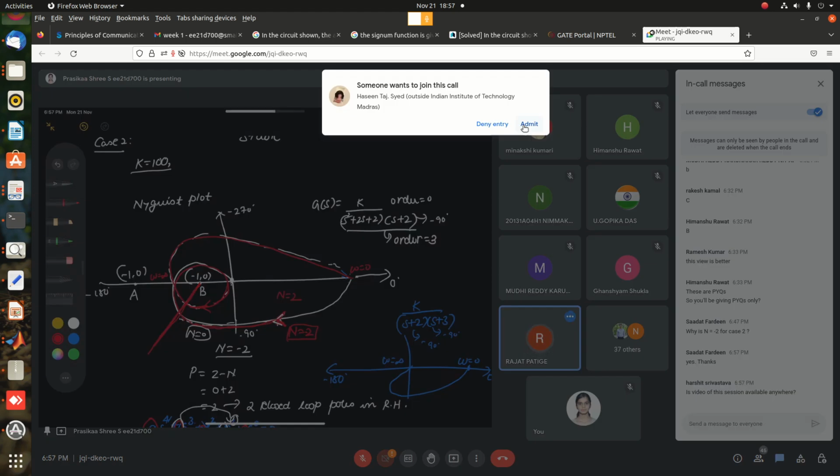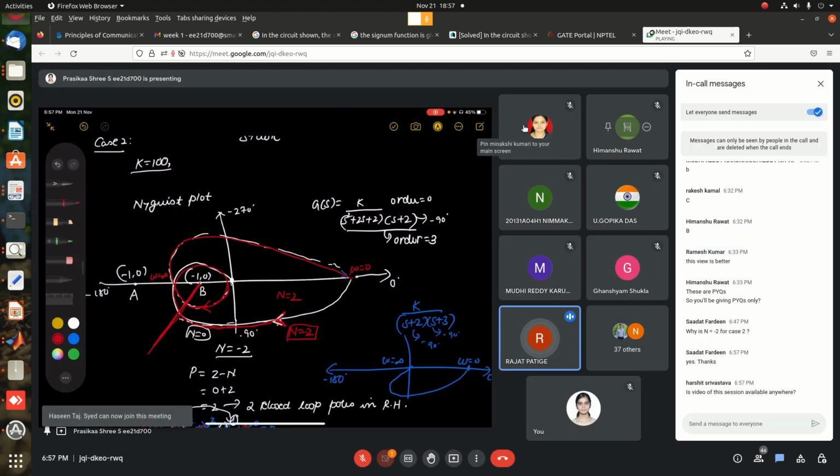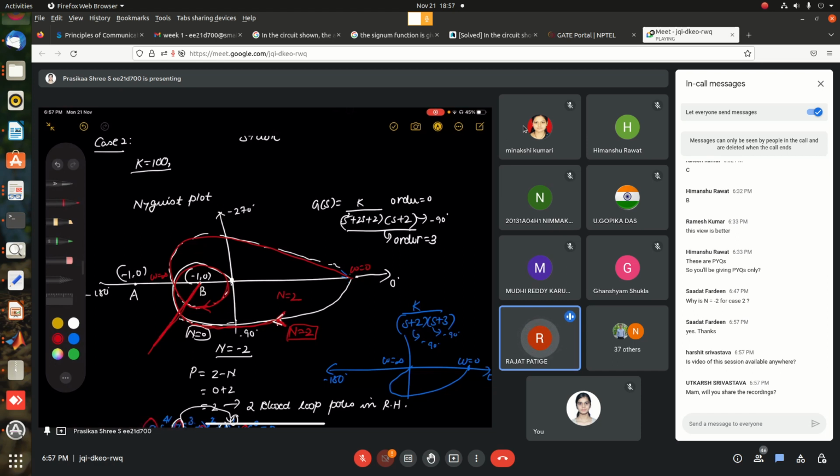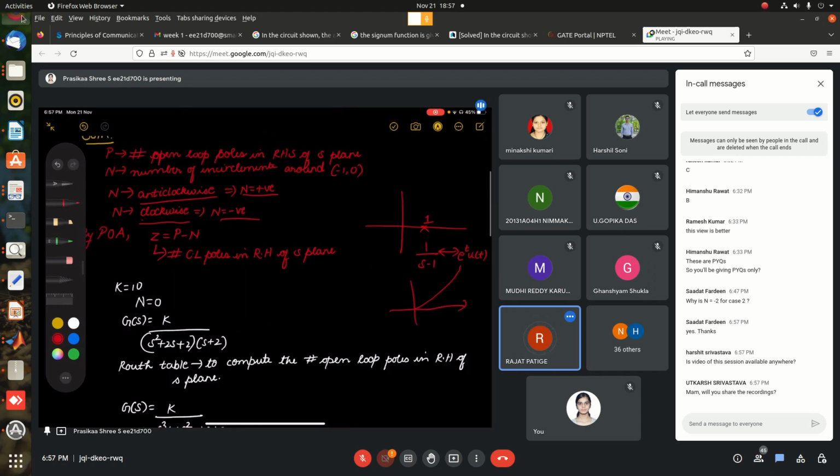I want to know, at last, for concluding our problem, we approached a formula saying z equal to p minus n, right? To know the number of open loop poles in the right half of the S-plane. And for p and z, you told the same. Is there any difference? Okay.